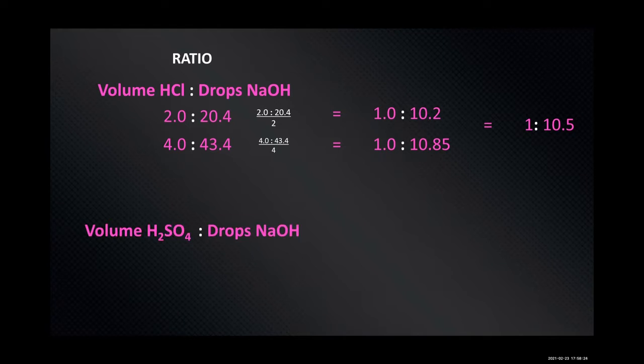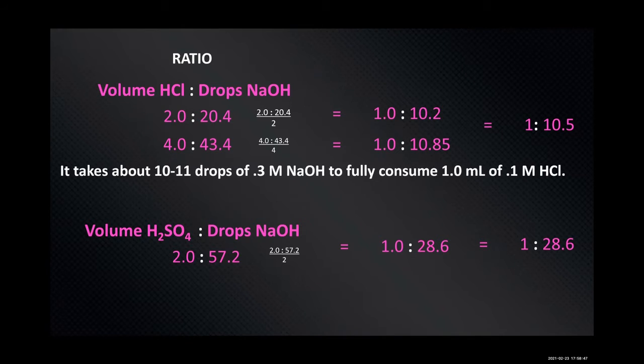For our sulfuric acid, we had 2 to 5.72. Again, if we bring that down to 1 milliliter for simplicity's sake, we find that 1 milliliter of sulfuric acid required 28.6 drops of sodium hydroxide to completely react.